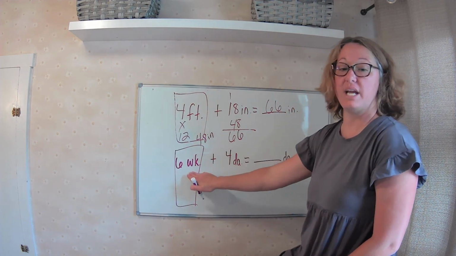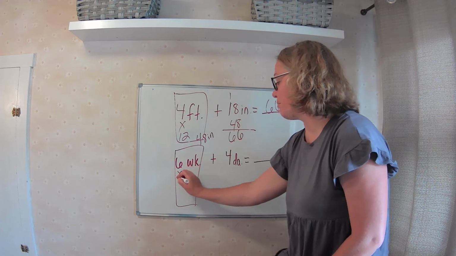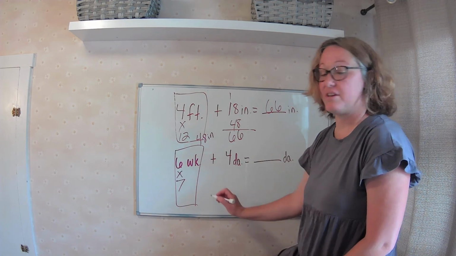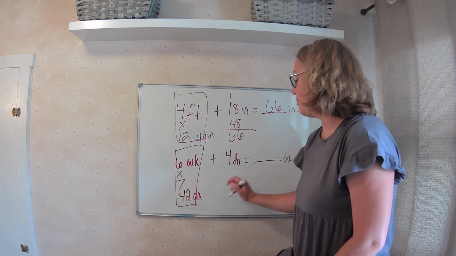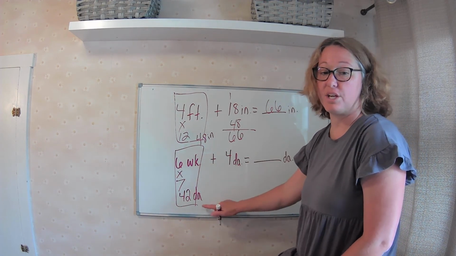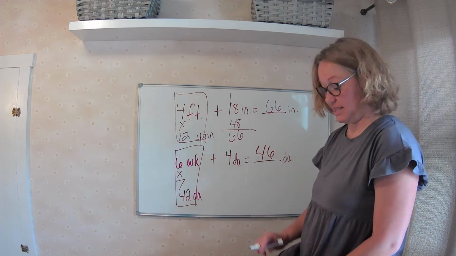We're going weeks to days. So large to small. We're going to multiply by 7. 6 times 7 is 42. It gives me 42 days. But remember now I have this 4 days. So I have 42 plus 4, which gives me 46 days.